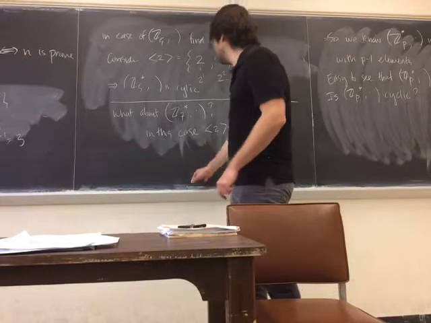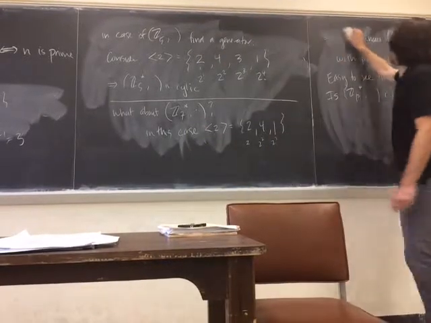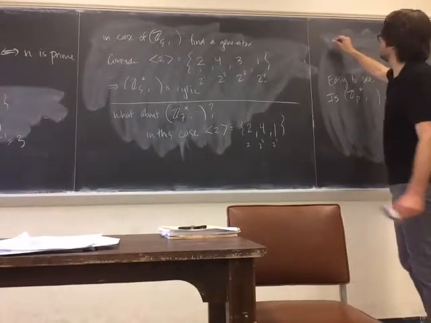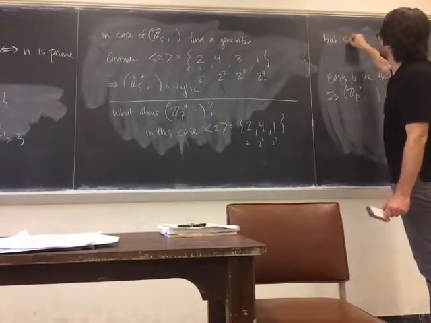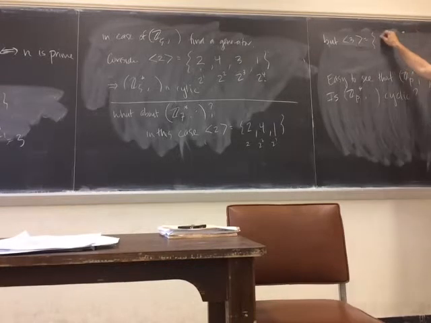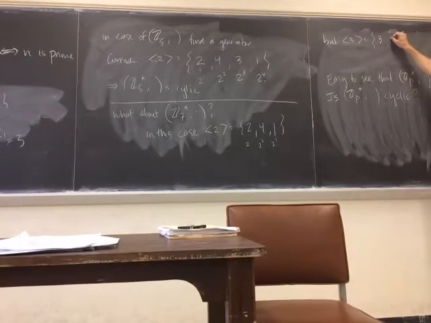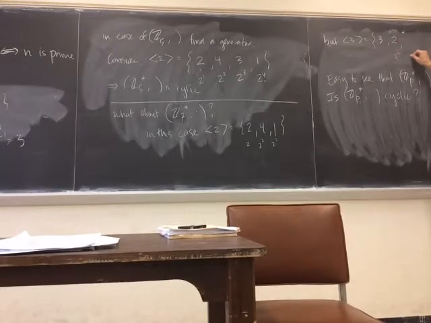But, of course, there is a generator. I guess 3 might work. Does 3 work? Let's see. So this consists of 3. What's 3 squared? Which is 2. What's 3 cubed?